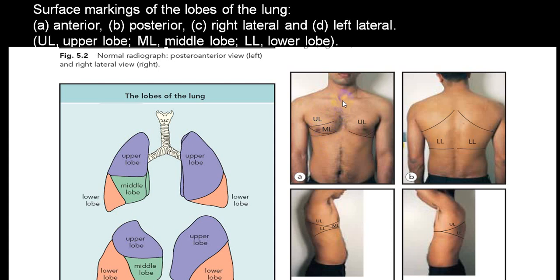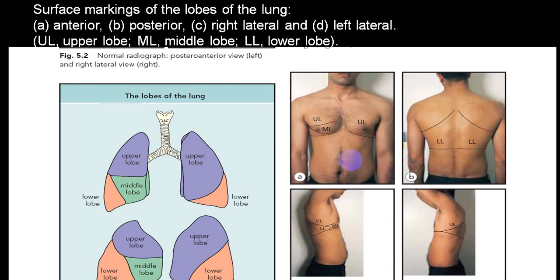Now the manubrium sterni and the body have a junction that we call the Ludwig's angle. At that Ludwig's angle, the trachea will bifurcate into right and left bronchus. That is the area where the ascending aorta will end and the arch of aorta will begin, and the arch of aorta will end and the descending aorta will start.